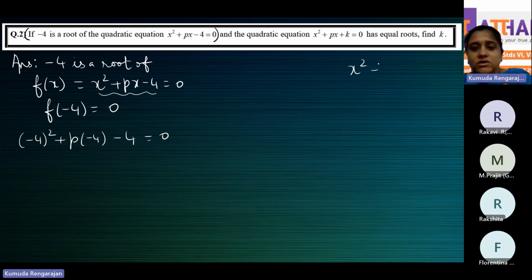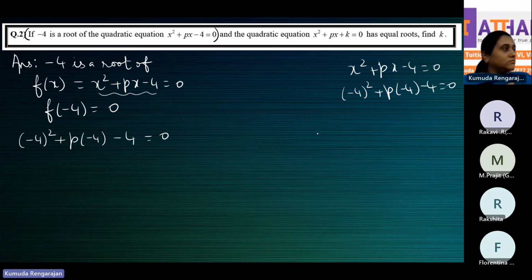We have x squared plus px minus 4 is equal to 0. Wherever there is x, use minus 4, because minus 4 is a root. You understand? Okay.